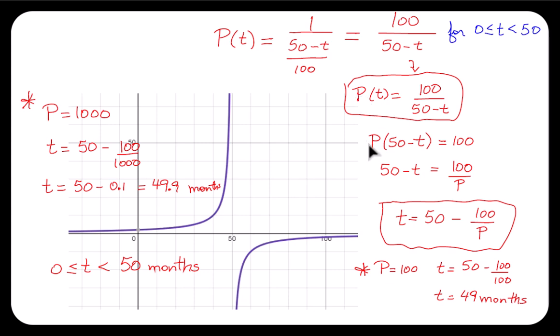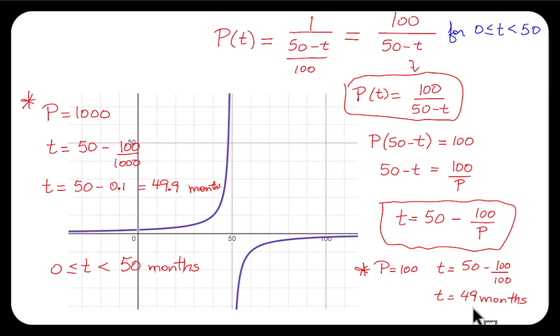So P times (50 minus t) is 100. And so I can divide by P and get a formula for the time based upon whatever population we need. And so if P is 100, I've got 100 over 100. So this would be a time of 49 months.